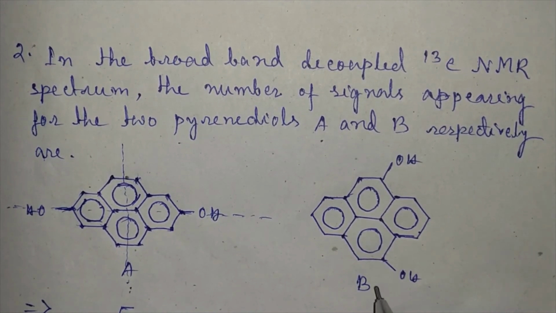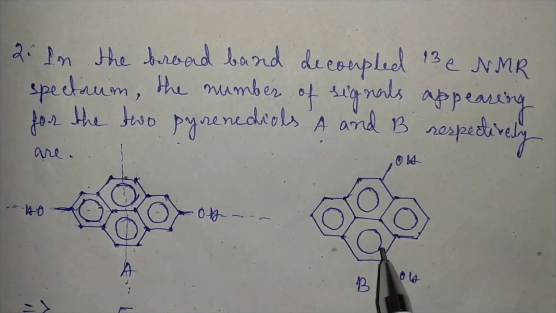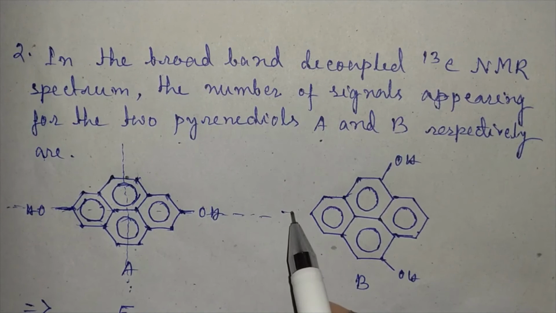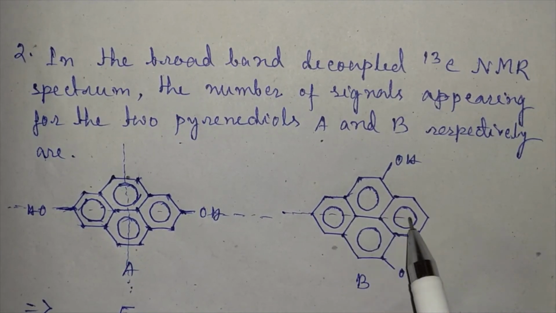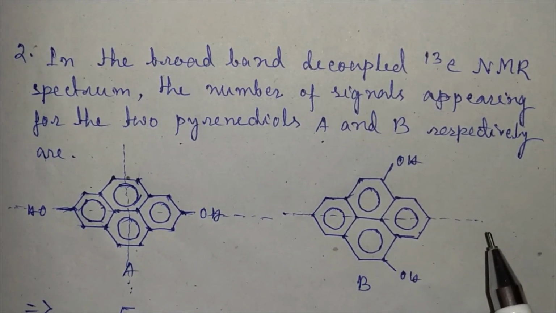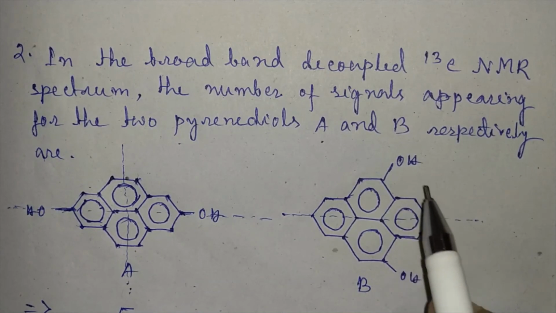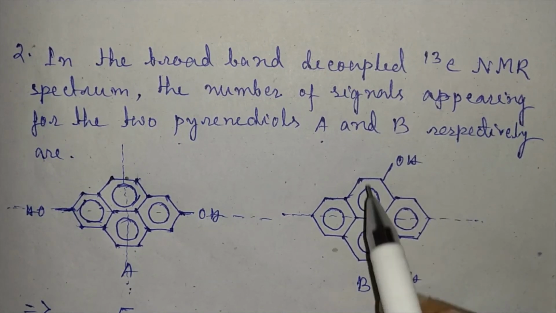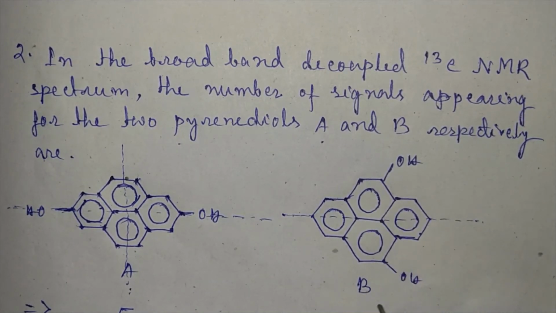Whereas in this molecule, we can pass a plane along this axis, and this will divide the molecule into two equal halves, and we cannot pass any other plane to divide this molecule.